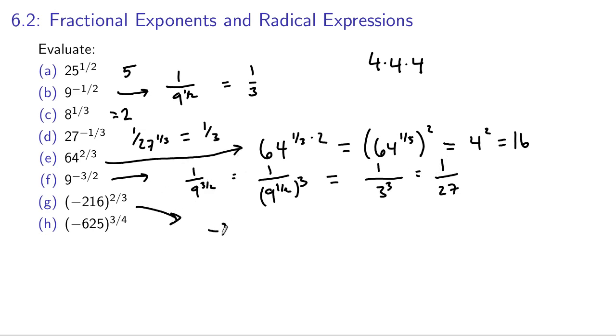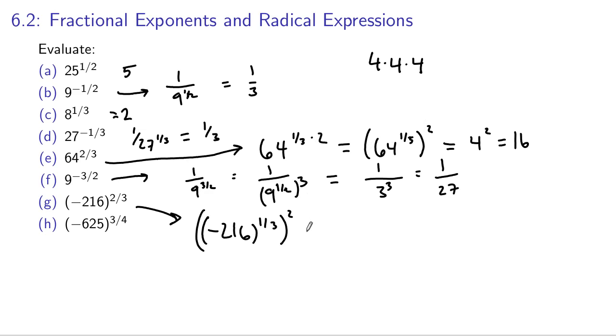Here we have negative 216 to the 1/3 squared, by breaking this up into two numbers and applying the rule of exponents, where we're exponentiating an exponentiation.